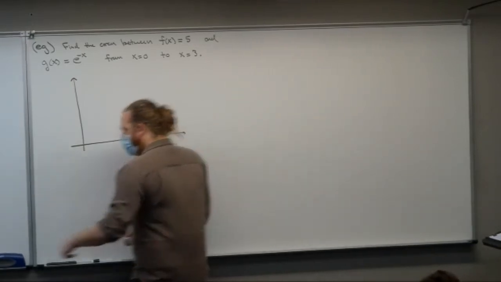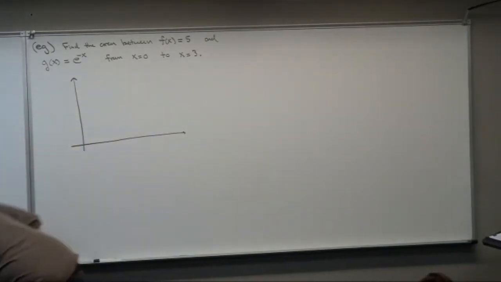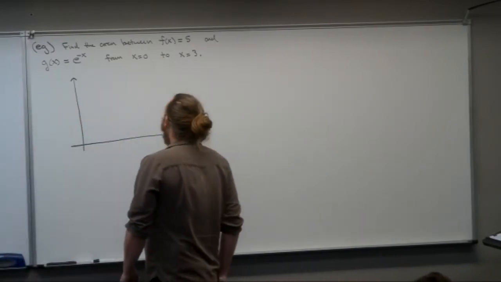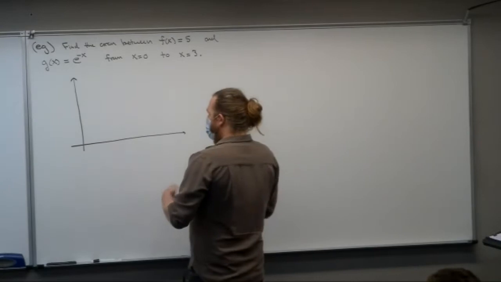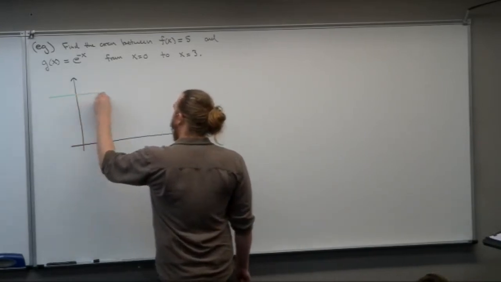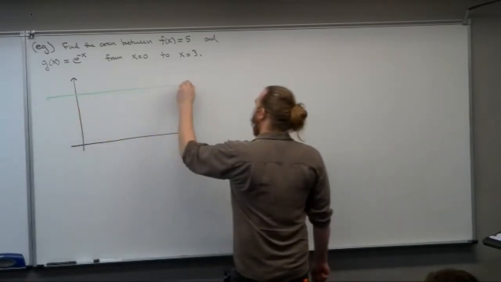So we used green for the upper before. For the lower. So f here is the constant function 5.